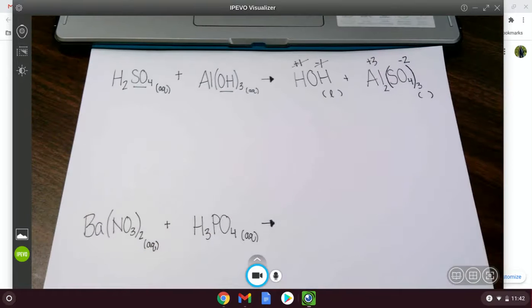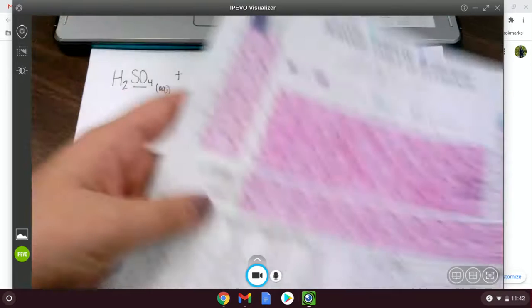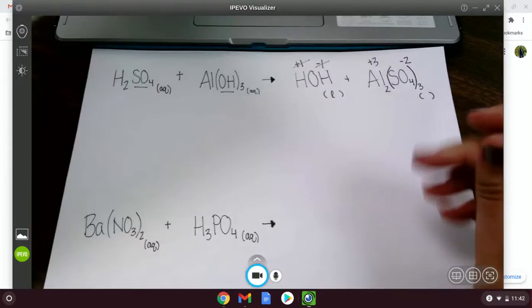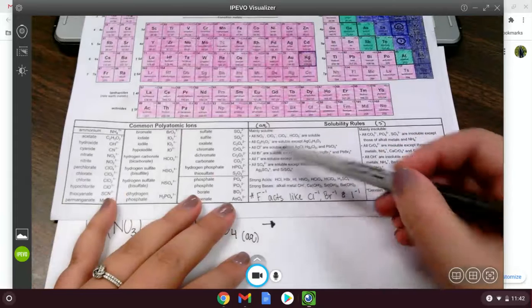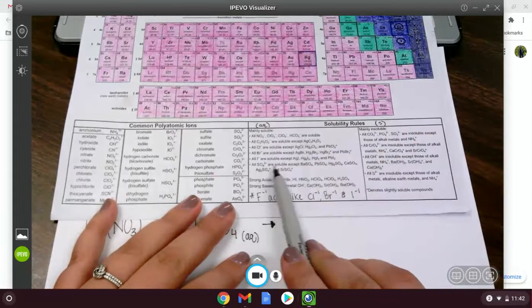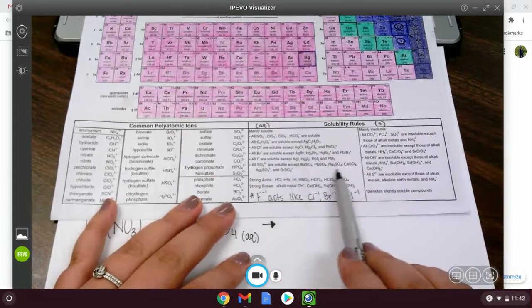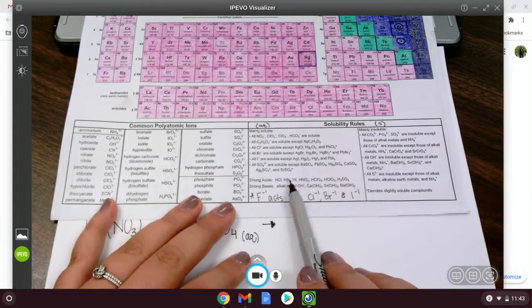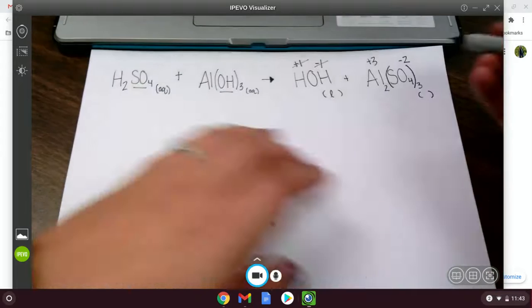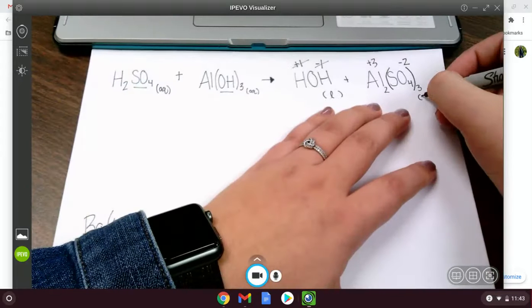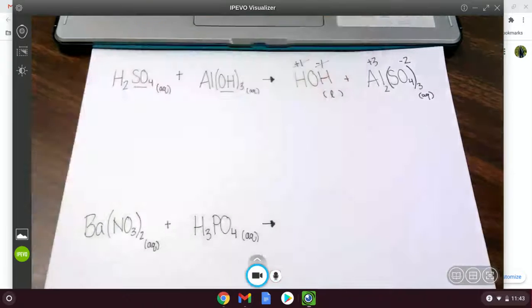Now, I need to look at my solubility rules, and I need to find SO4 on the list. So, all SO4s are soluble unless they're with these metals. Aluminum is not one of the metals that makes it a solid, so aluminum sulfate is going to be aqueous.